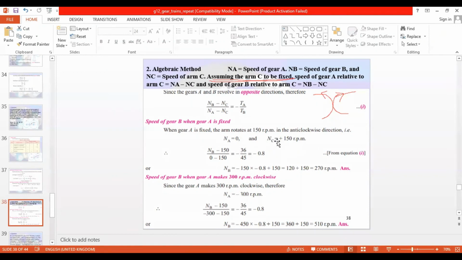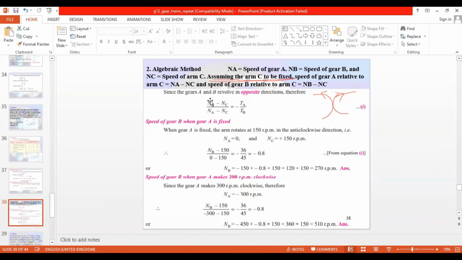I am taking anti-clockwise as positive. There is no standard whether you take anti-clockwise positive or negative, but whatever you take, you need to keep it up throughout the numerical.